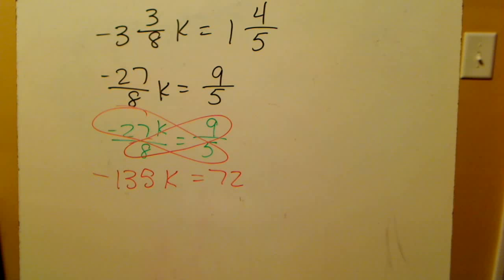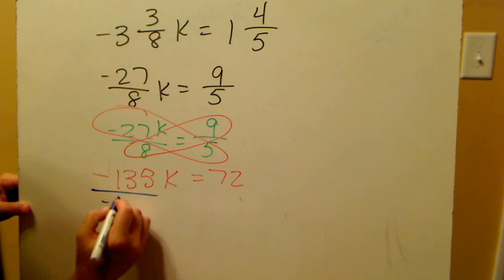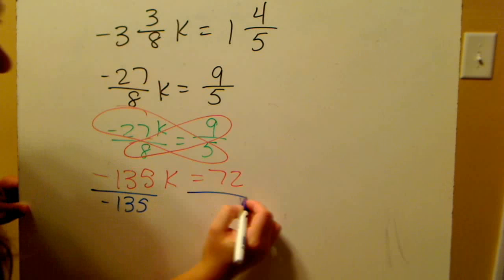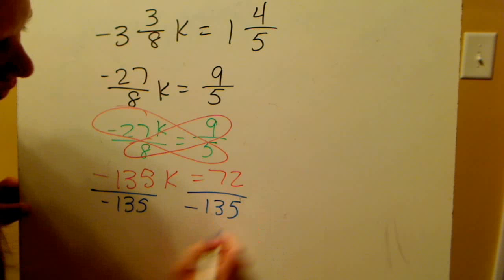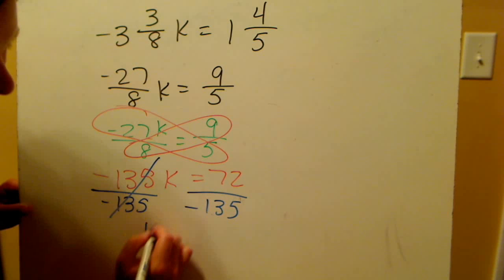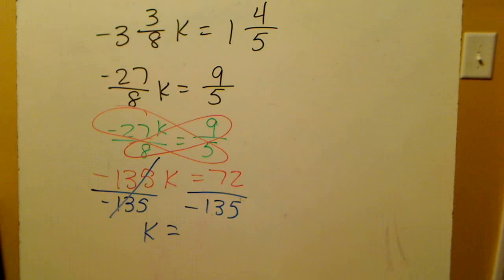Negative 135 is being multiplied by k. So to undo multiplication, we're going to divide. We're going to divide both sides by negative 135. I get 1k is equal to negative 72 over 135.